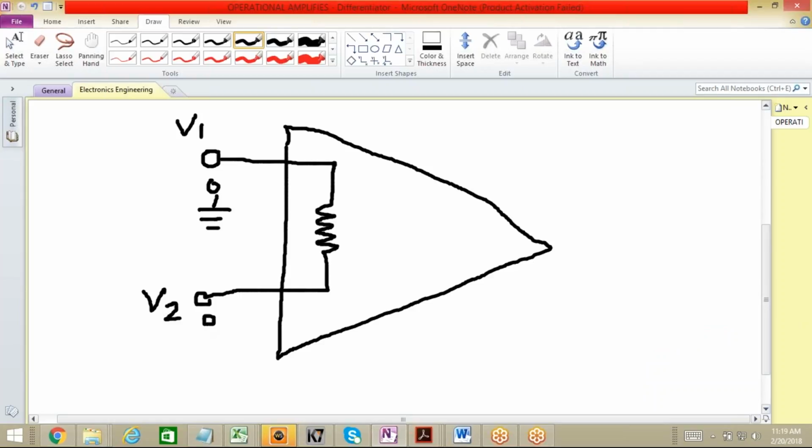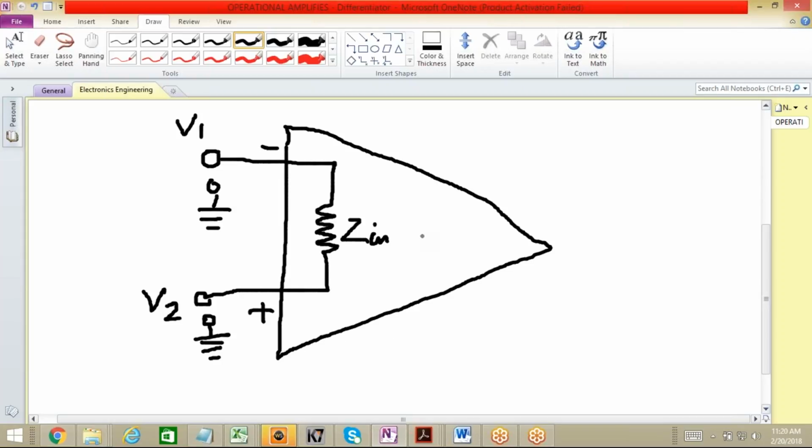This will be our internal impedance here. Okay, and this will be your minus section, and this will be your plus section. Fine. Then I'll explain more about minus and plus also.